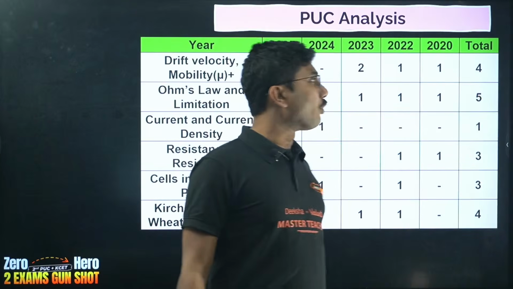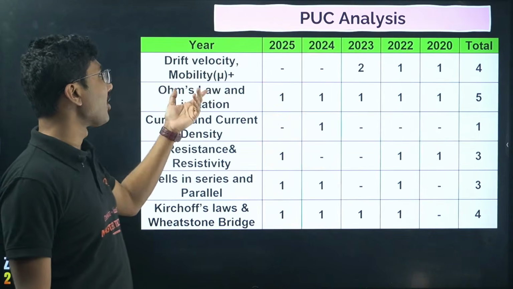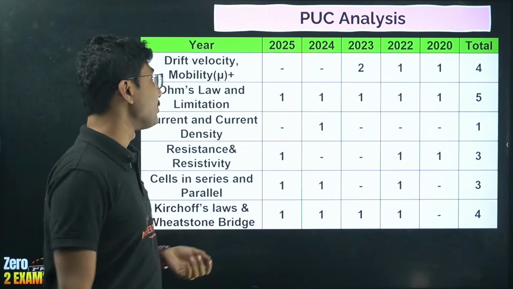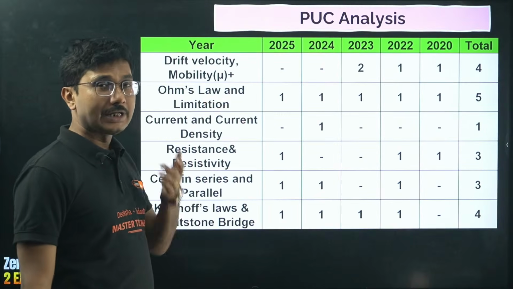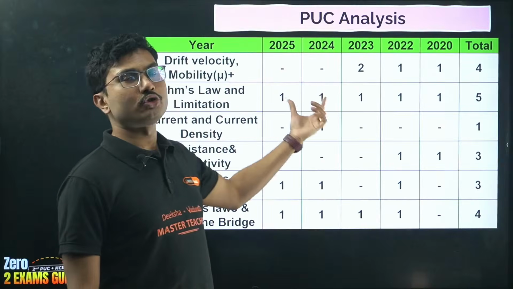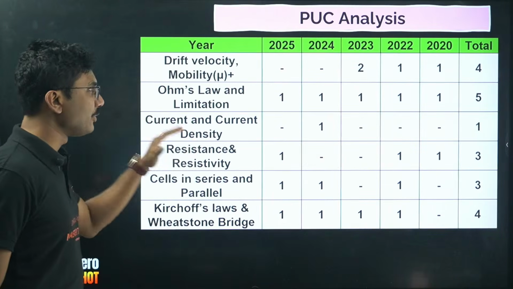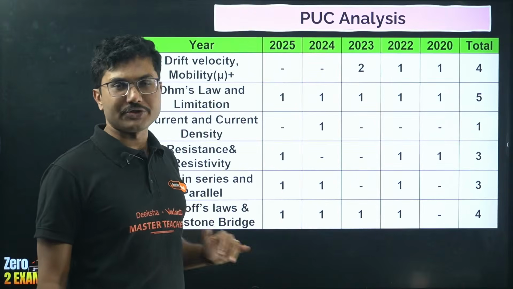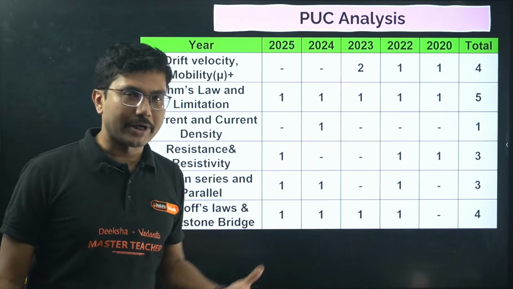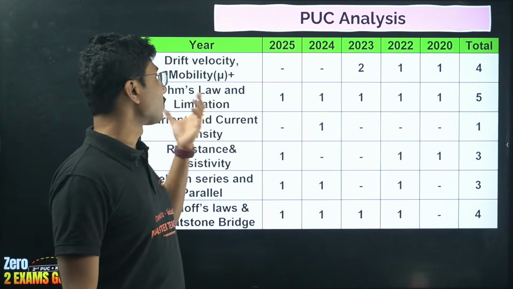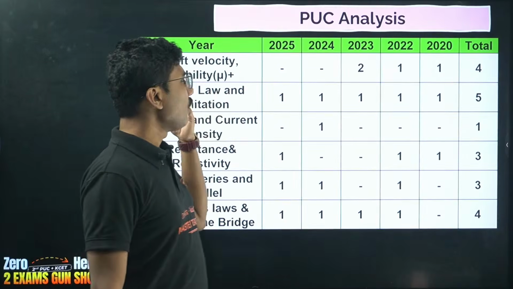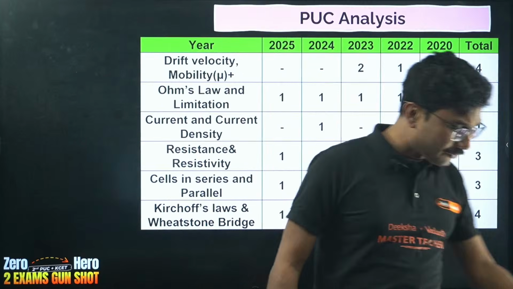So a total of 4 questions came from this concept: drift velocity, mobility, conductivity, the relationship between mobility and drift velocity, electric field, etc. Ohm's law and its limitation is the most common question from this chapter in PUC. Either you will get state and explain Ohm's law, or you are going to get 2 drawbacks of Ohm's law, because you are going to get only 2 marks this year. So 1 every year.